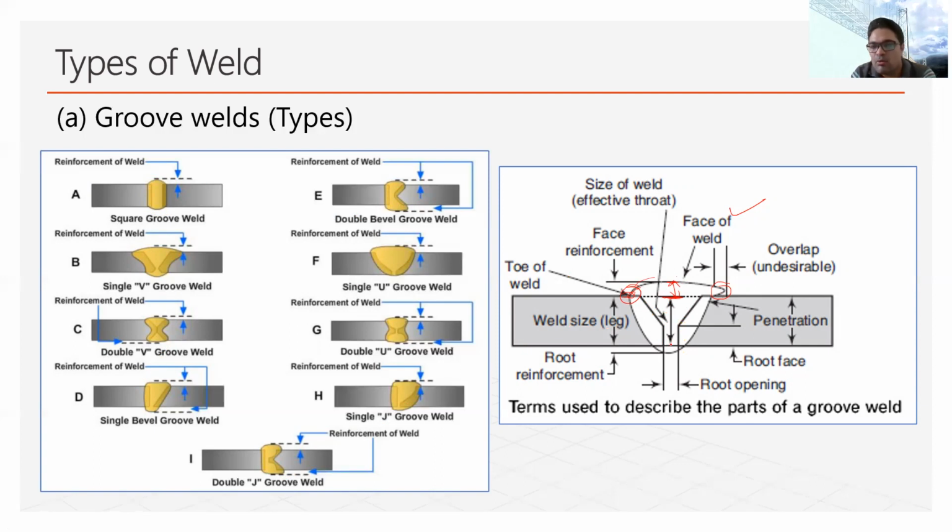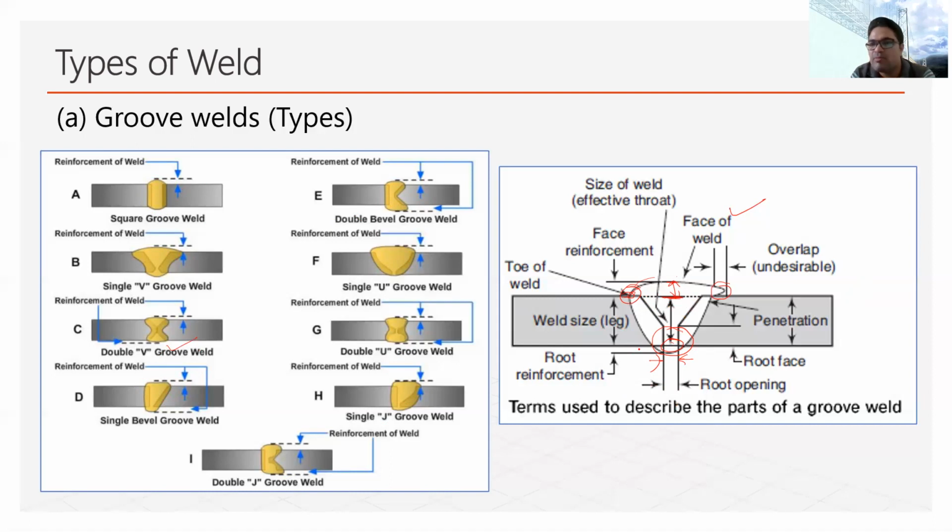Similarly, on the lower face, this is a shorter groove, and that is why this shorter part is called root opening. So there is some root opening so that proper penetration can happen. That is why a small groove is made here. In a double groove weld, there may not be such a root opening.